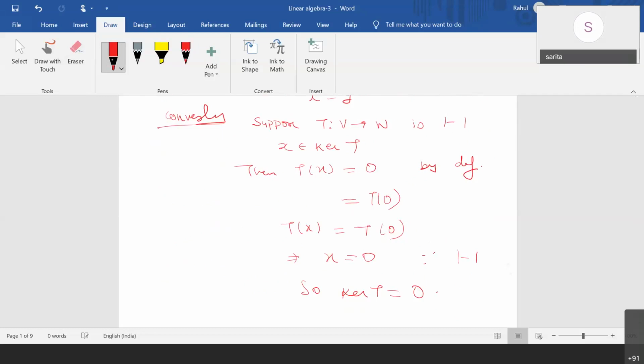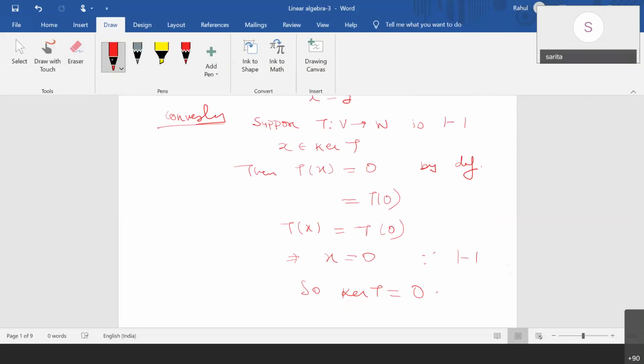Yeah, so this is the proof. So now what I'm saying is that there can be two ways to prove something is isomorphism. Then it can be 1-1 and onto, but if they are of same dimension, then proving one thing is enough. And if you are saying prove something as isomorphism and just proving 1 to 1 will be enough, then either you can say that Tx equal to Ty implies x equal to y to prove something as 1-1.